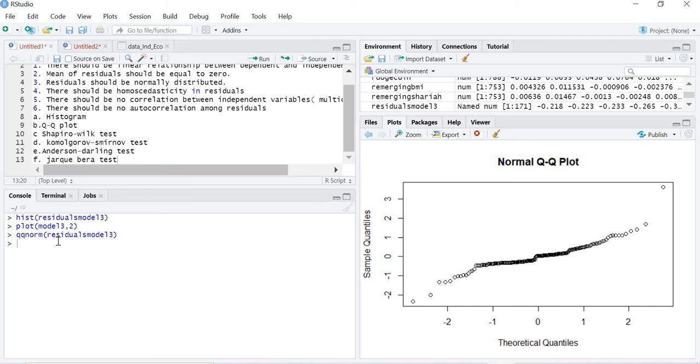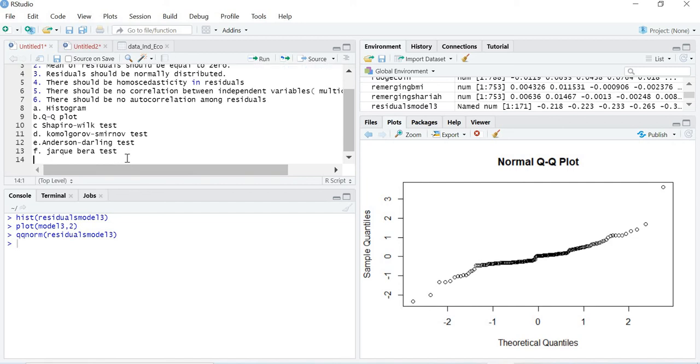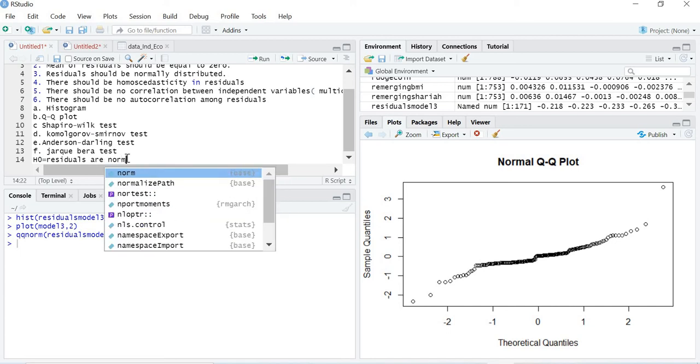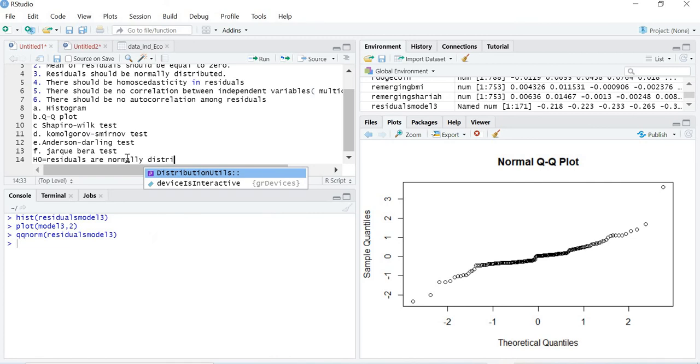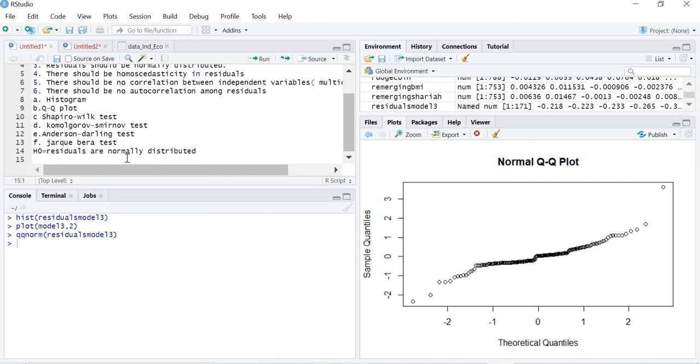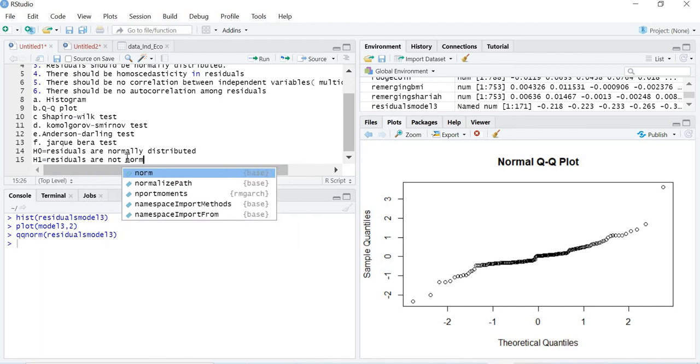Whenever we are checking normality with the Shapiro-Wilk test, my null hypothesis H0 will be that your residuals are normally distributed, and your alternative hypothesis will be that residuals are not normally distributed.